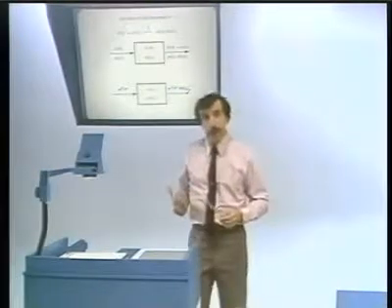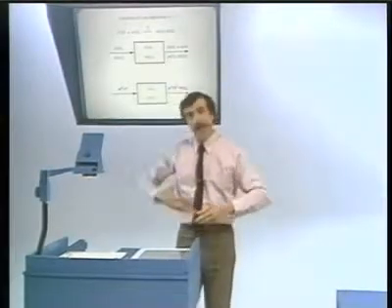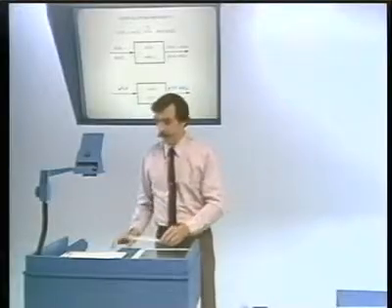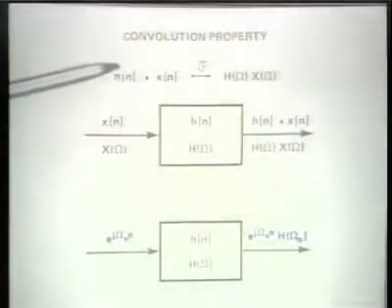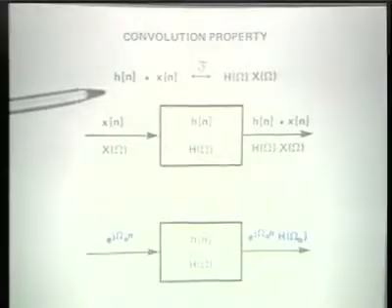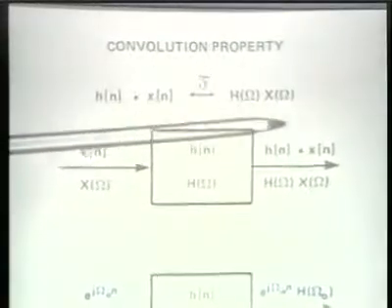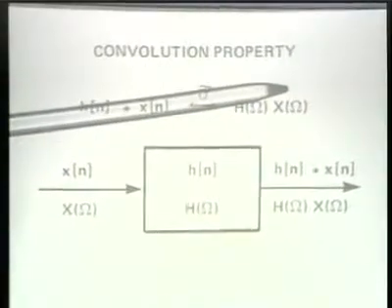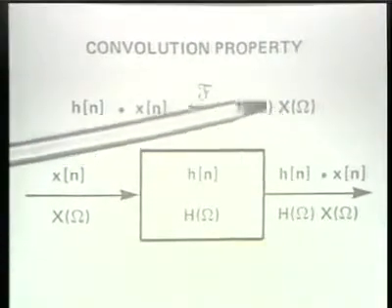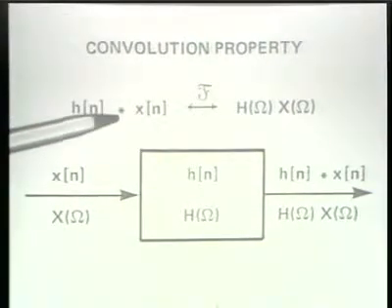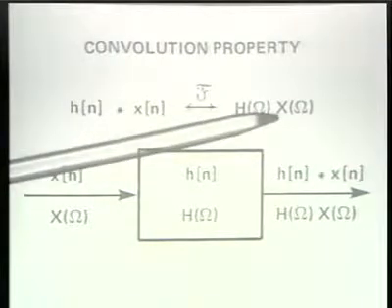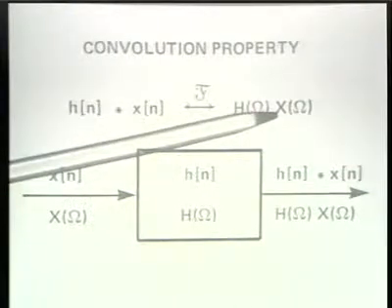And not surprisingly, and this can be demonstrated algebraically, the Fourier transform of the convolution is simply the product of the Fourier transforms. So the Fourier transform maps convolution in the time domain to multiplication in the frequency domain.